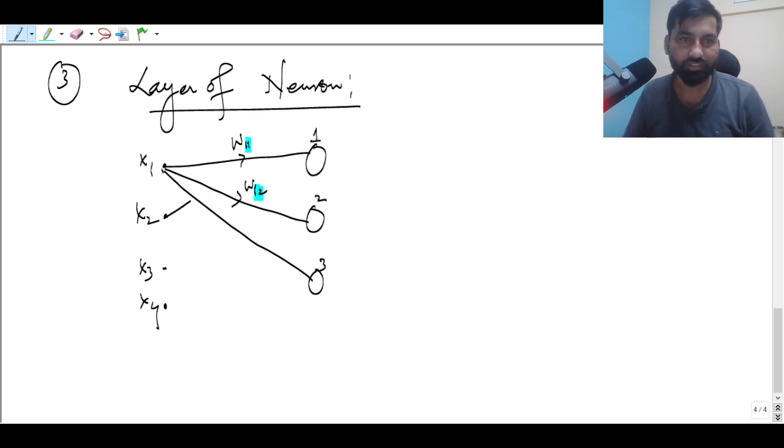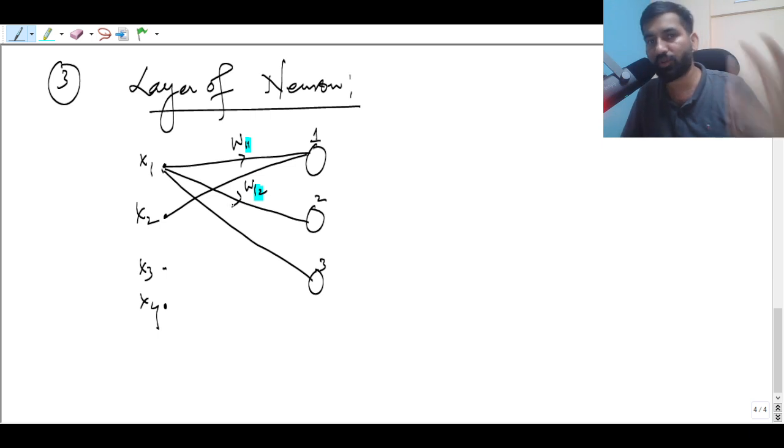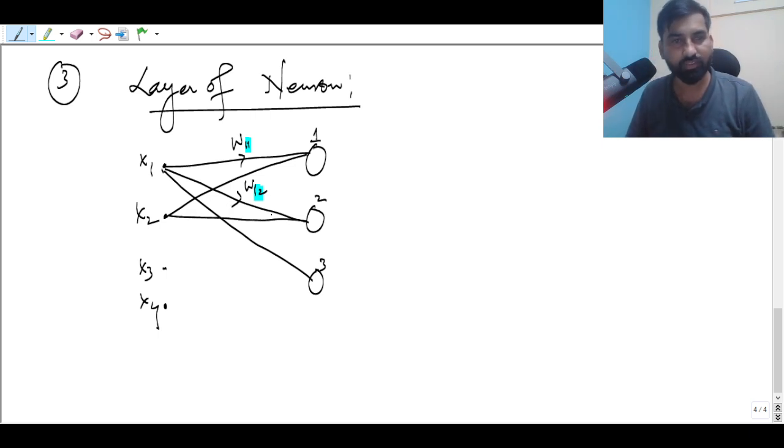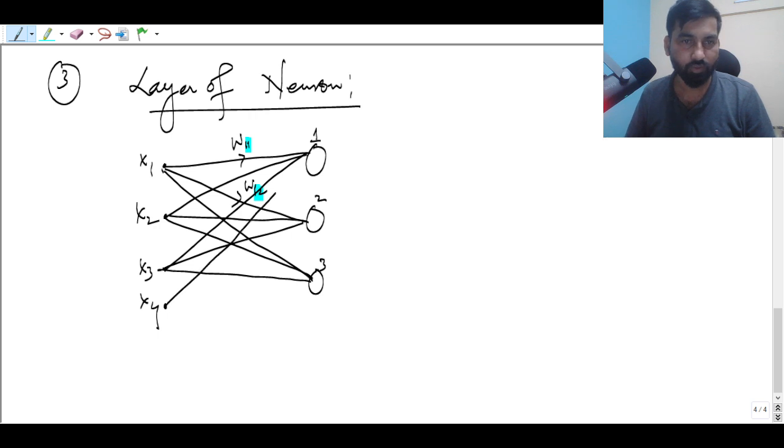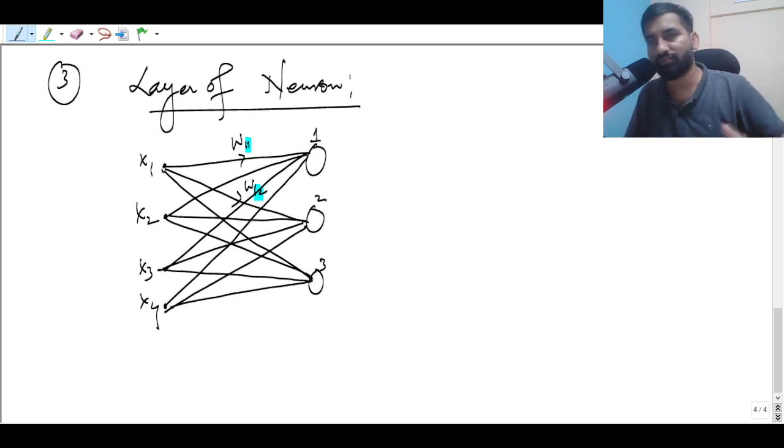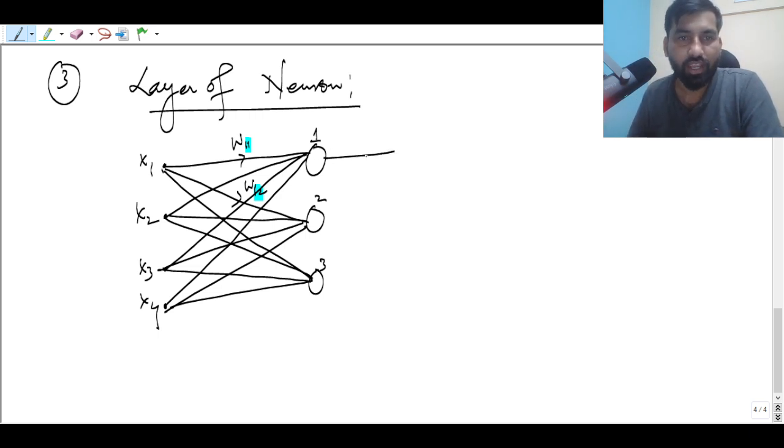In the same manner, the second input goes to the first, second, and third neurons. The third input goes to first, second, and third. The fourth input goes to first, second, and third. And you can define the corresponding weights as well. And there are biases. You see, the bias term will be there, right? So there are 3 neurons, so it has the biases b1, b2, and b3.